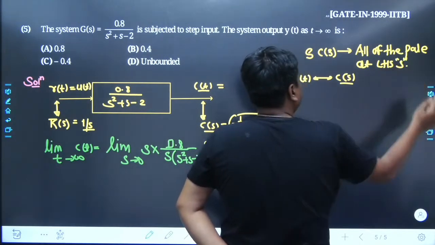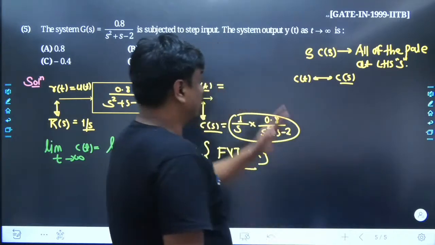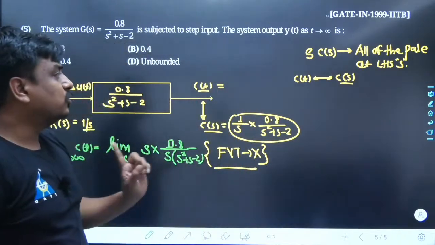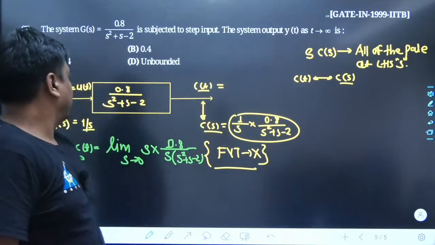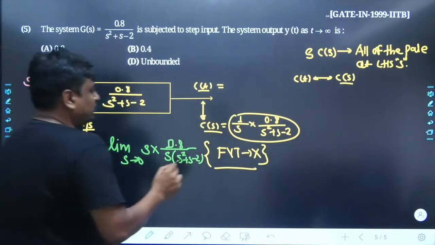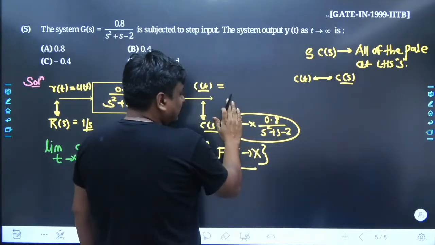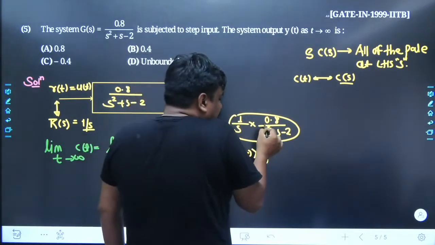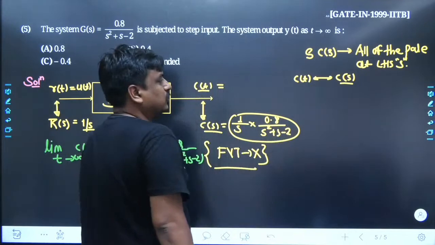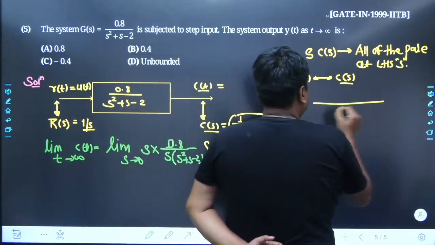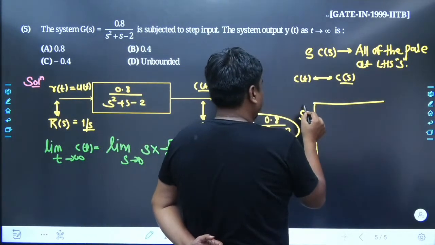Neither of the poles should be at the origin, neither of the poles should be on the j omega axis, neither of the poles should be towards the right hand side of the s plane. As far as the steady state value is concerned, if C(s) is multiplied with s, obviously everything vanishes. So you just focus on the s square plus s minus 2. When you focus on the s square plus s minus 2, you yourself would be able to understand.